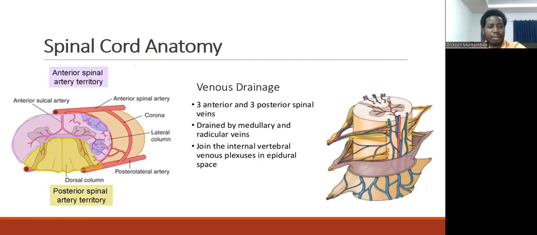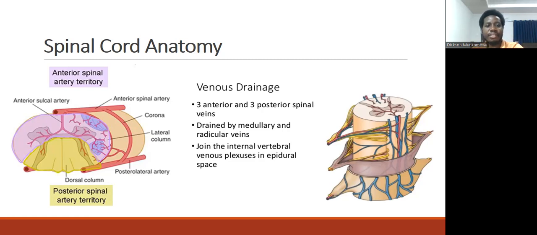So looking at the vasculature of the spinal cord, you have the anterior spinal artery, which, as the name suggests, is anterior and supplies both sides. So there's one anterior spinal artery which supplies both sides of the anterior spinal cord. And then you have two posterolateral spinal arteries, which each supply either side of the spinal cord.